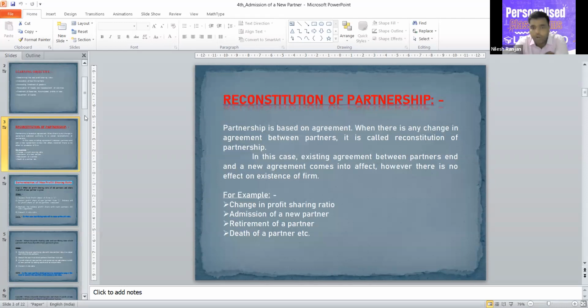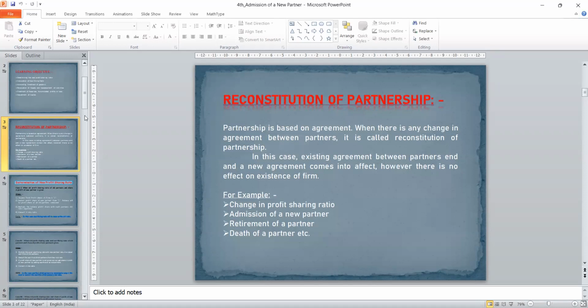It is still operating. Some of the situations given here are change in profit sharing ratio, as I told you just now, admission of a new partner, retirement of a partner, and death. So these are the situations when a reconstitution takes place.